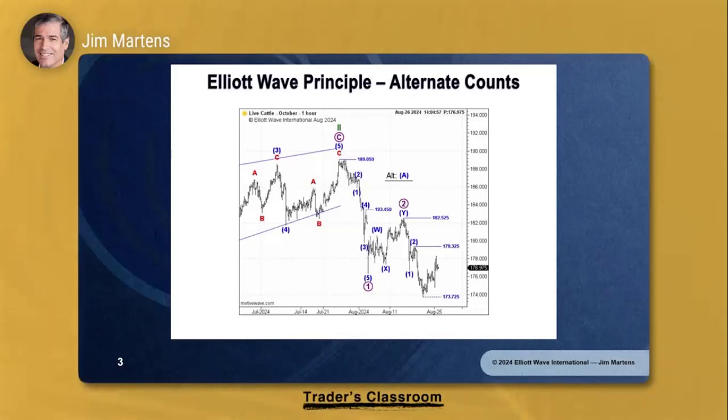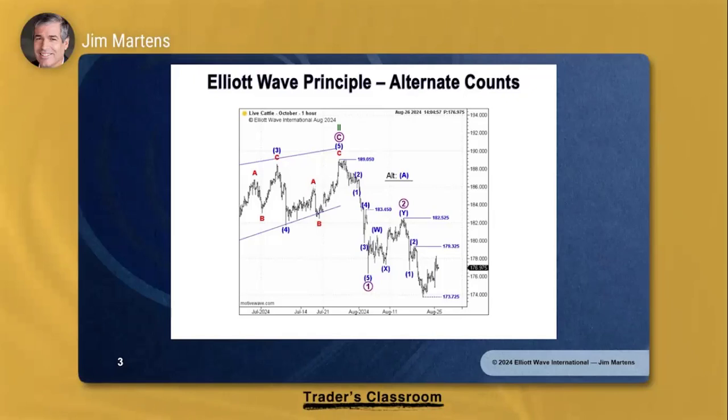Yes, at times it could mean there's indecision in the market, but I've noticed that most times the alternate count points at least in the same direction, from a trend point of view, as the primary count does. In that regard, I'm looking at two possible counts, but they both suggest the market's going to trend in the same direction.